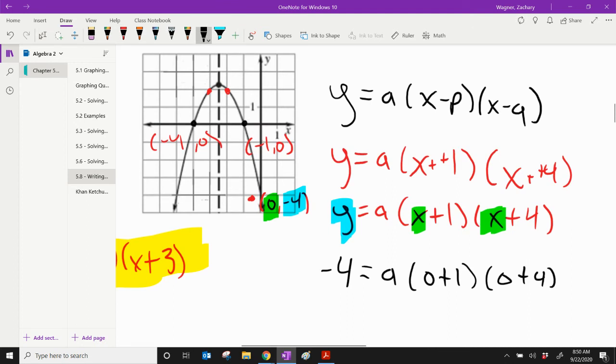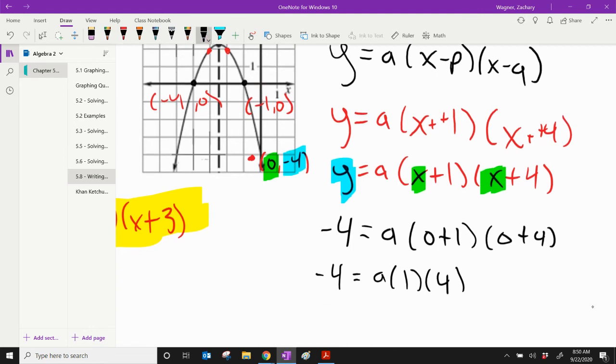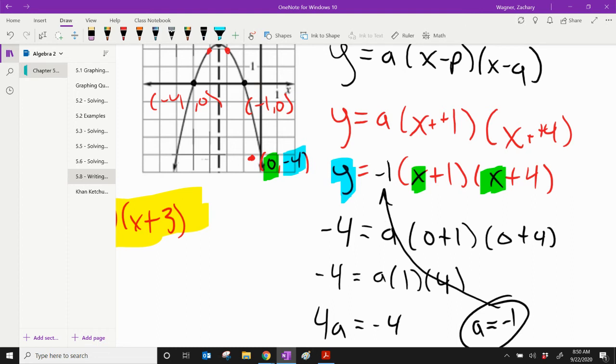Simplify. Negative 4 equals a times 0 plus 1 is 1. 0 plus 4 is 4. 4 times a times 1 is 4a equals negative 4. Divide both sides by 4. a is going to be negative 1. Plug that negative 1 right here. And that's my final answer.